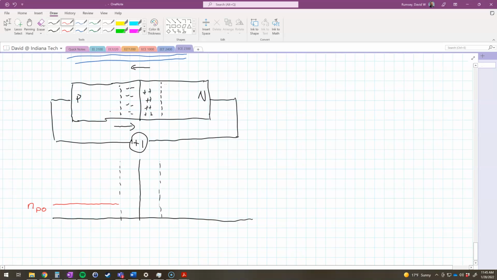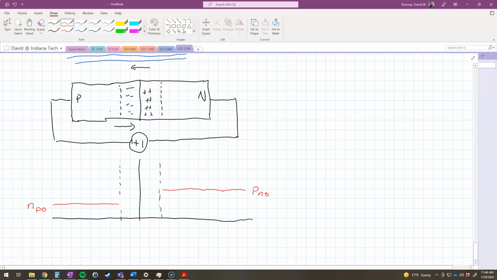And then we have this p sub n 0, and this is with no voltage applied. So we have these excess minority carriers, excess electrons and excess holes, sitting around there, and in the depletion region there are no free carriers. That's why I have nothing in here.